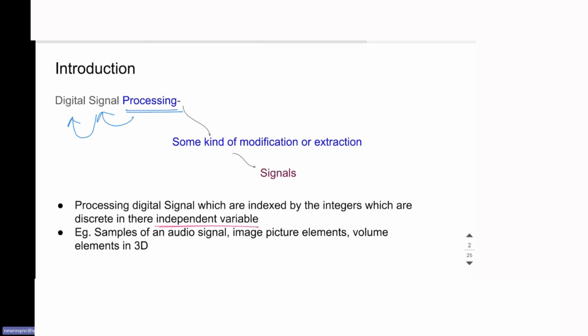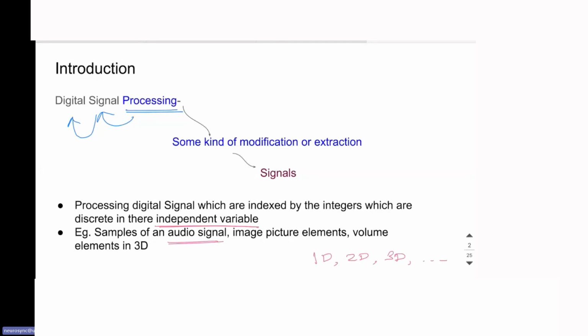Now, for example, when we talk about the processing of digital signals, we can take the example of audio signals. There are many types of signals. You will find 1D signals, 2D signals, and 3D signals, and there are also many higher dimensions.